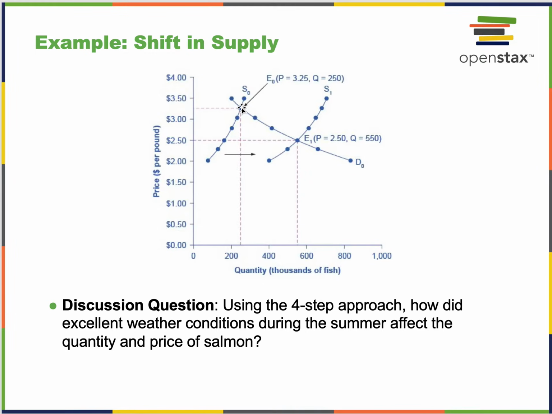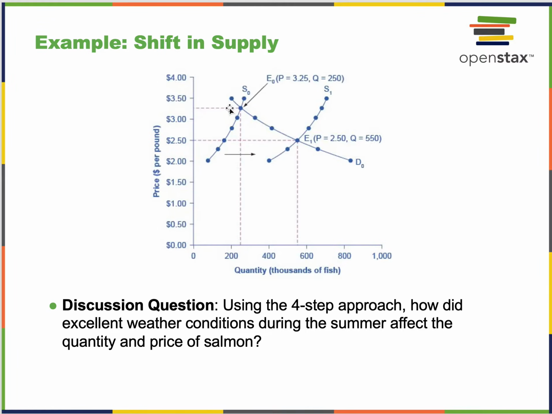The equilibrium price was here. They used to sell 350,000 fish for $3.25 a pound. But now, the supply curve shifted all the way over to here. And the new equilibrium will be $2.50 for the price and 550,000 fish.